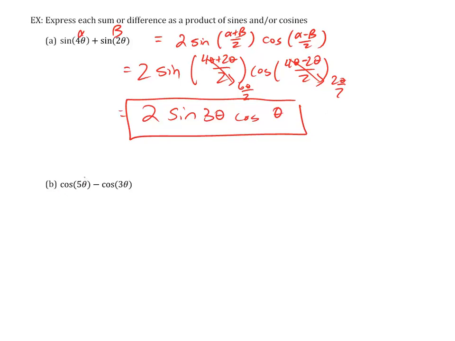Similarly, if you have cosine of alpha minus cosine of beta, this is negative 2 sine of (alpha plus beta) over 2 sine of (alpha minus beta) over 2.